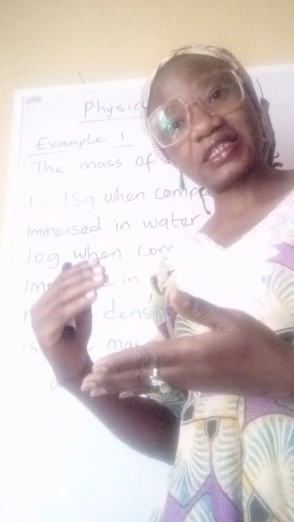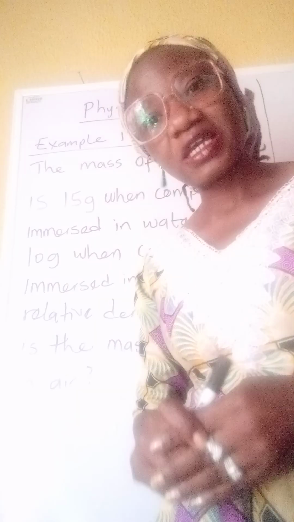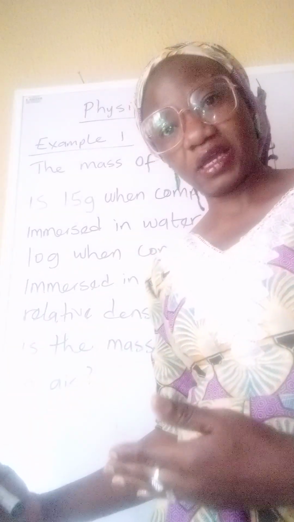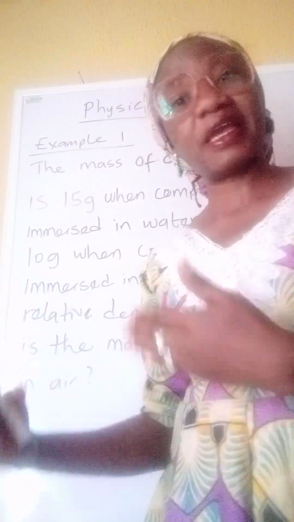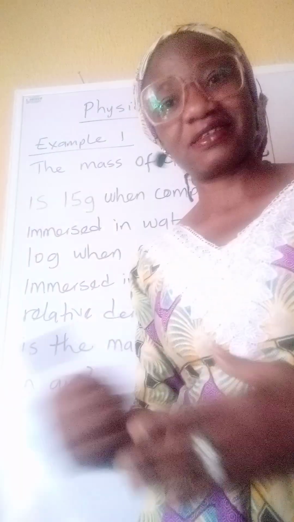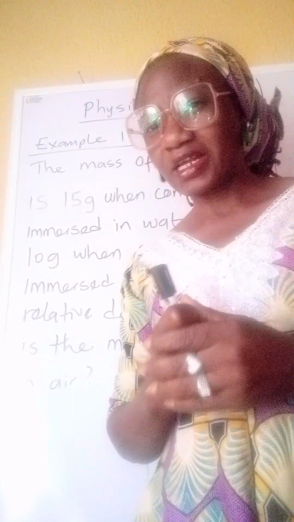W2 is the weight of the stone in water, while W3 is the weight of the stone in liquid. Like I said before, the liquid can be anything. It can be kerosene, it can be petrol, it can be any other thing apart from water. Is that okay?